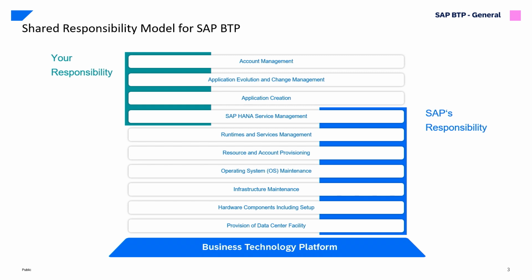When you have a cloud solution like SAP BTP, which is a platform as a service offering, a lot of these tasks are managed by the vendor, in this case, SAP. So we are responsible for the data centers, for the infrastructure, for the network, for the operating systems, and for the overall configuration of the platform. And of course, we offer the services on top of the provided platform, which you as a customer consume.